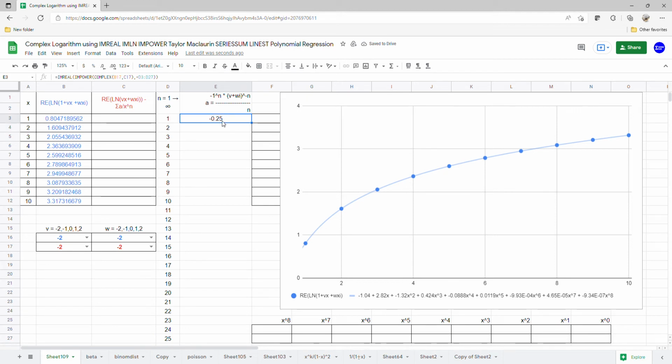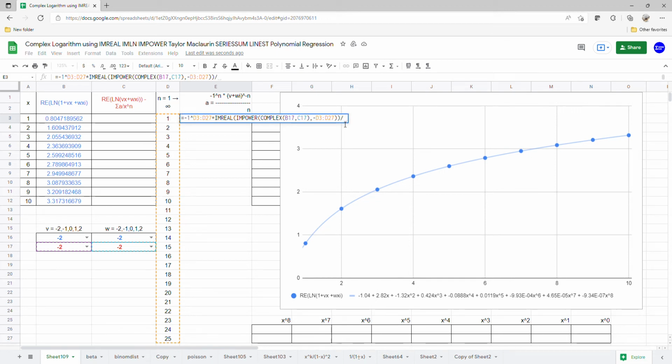Now that we have the real part, we continue with the denominator of, we complete the numerator first. It's multiplied by -1 raised to the power n. And now that we have completed the numerator, we continue with the denominator.